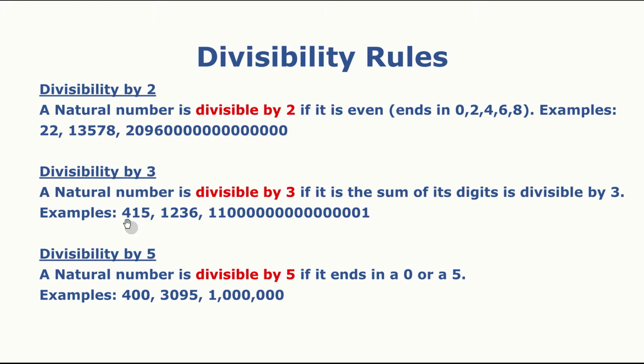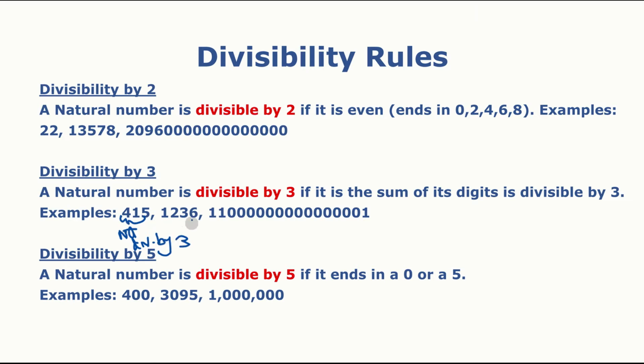Look at this one. 4 plus 1 is 5 plus 5 is 10. Now, once you add the digits, if that sum is divisible by 3, then the number is divisible by 3. So 415 would be a number not divisible by 3.